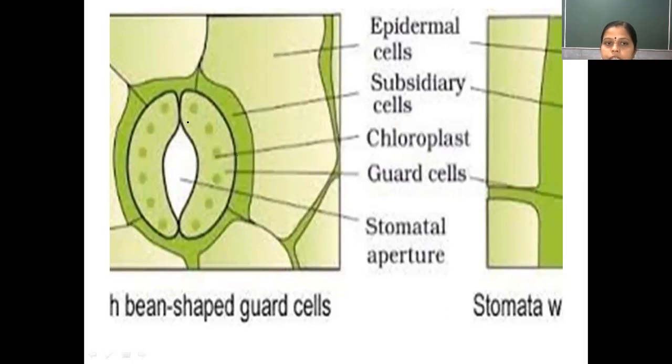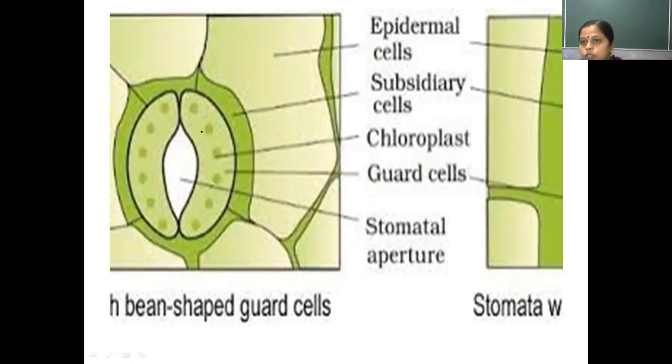Next, the structure has a thick cell wall in the innermost layer, which is very near to the stomatal apparatus, whereas the outer wall is thin compared to the inner. Inside the cell we can see a nucleus, chloroplast, and microfibrils. The contraction and relaxation of microfibrils helps in opening and closing of the stomata.